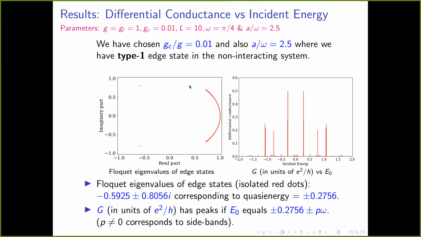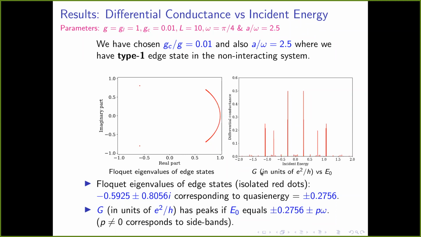So this is the plot for the Floquet eigenvalues of edge states. These are the bulk state eigenvalues, and these separated dots are the edge state eigenvalues, and they have values minus 0.59 plus minus 0.8 i, and that corresponds to the quasi energy of plus minus 0.2756, but this is defined modulo omega, and exactly those are the places where G has peaks, if E naught equals this quasi energy or plus minus P omega.